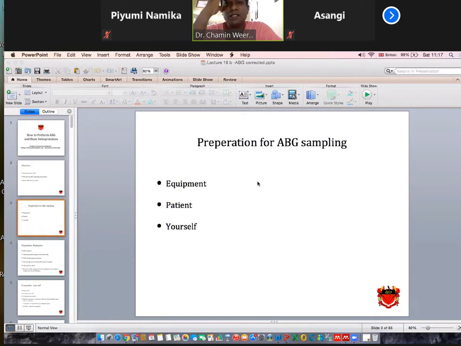Have you heard of something called the Allen test? Don't worry about it. It's a test that you do to check the peripheral circulation of the hand. You make a fist, then you apply pressure on the radial artery and obstruct it, and ask the patient to open the fist.